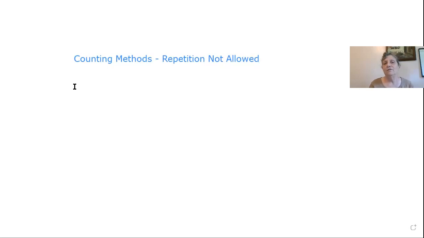Okay, this is part 2 for counting methods. The previous video showed that we could determine how many different combinations you could have if repetition was allowed by taking the number of ways the first thing could land, by the number of ways the second thing could land, by the number of ways, say, the third thing could land.